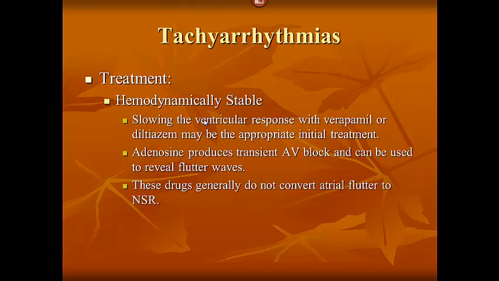Treatment, the same as the other tachyarrhythmias that I went through in the algorithm. So in addition to that, you could slow the rate with either calcium channel blockers, Cardizem or diltiazem, or verapamil, or beta blockers.